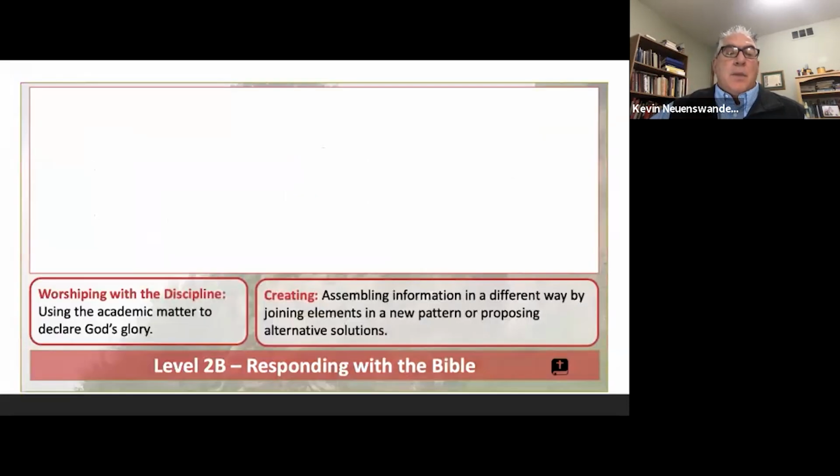Now if we look at responding to the Bible, so worshiping with the discipline, use the academic matter to declare God's glory. I really am a fan of the early Benedictine model. Now, I'm a Baptist. I don't go to an Orthodox church, and I don't go to a Catholic church, and I'm not saying anything against them.